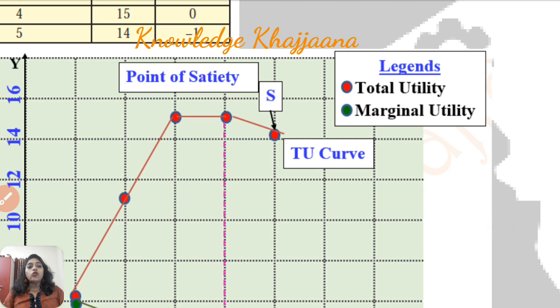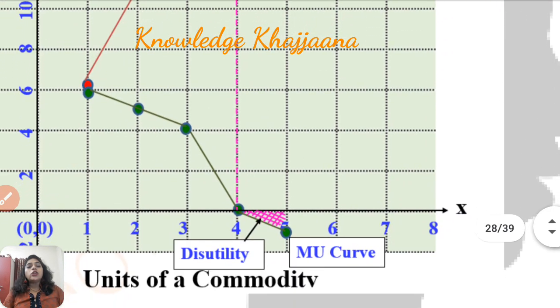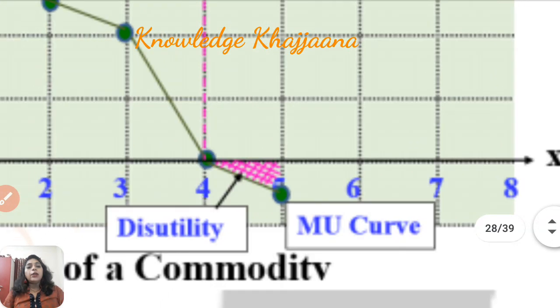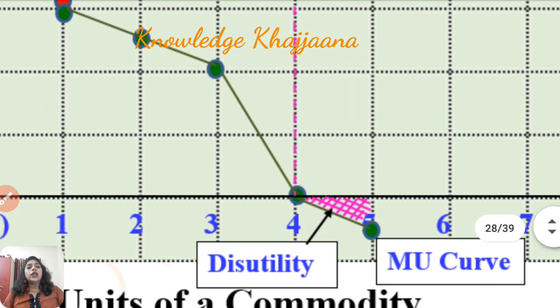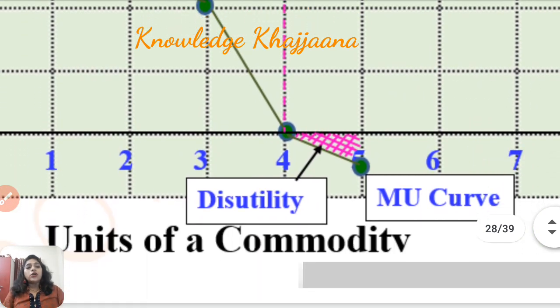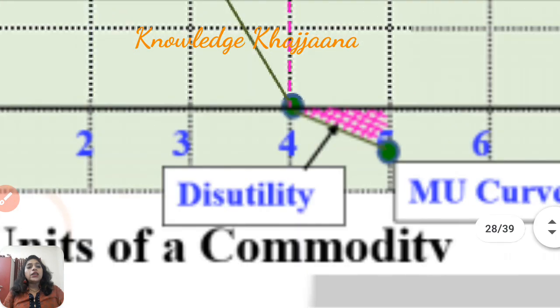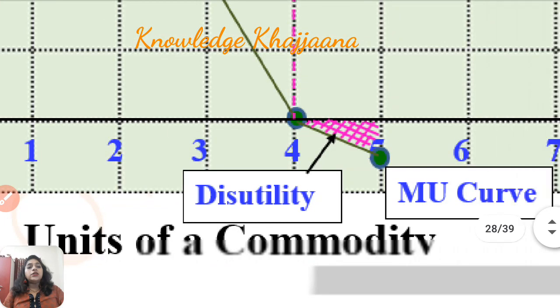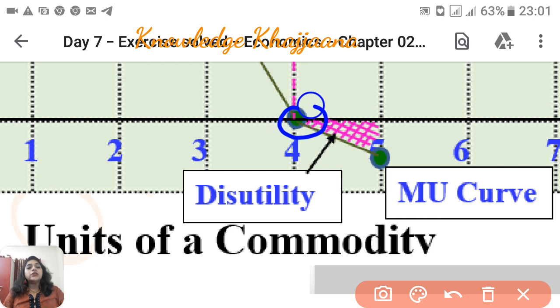And when we join the locus points in green color, that is of marginal utility, we get the MU curve, shown in the green line. When this MU curve touches the x-axis, it means it becomes 0, and then it still goes further down and reaches -1. This is the portion of disutility.